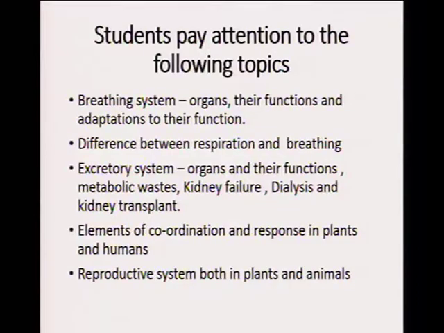Now, dialysis and kidney transplant. Dialysis is a machine a person is put on to help filter urea out of the blood. So dialysis and kidney transplant are ways of helping a person remove urea if their kidney stops functioning, which we call kidney failure. You should familiarize yourself with dialysis, the machine, and how it works.